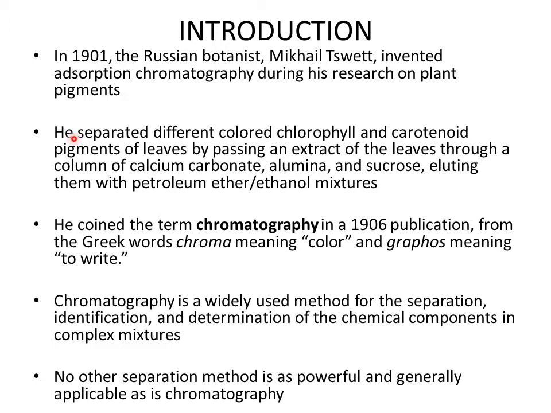He separated different colored chlorophylls and carotenoid pigments obtained from leaves by passing an extract of the leaves through a column. This column was packed with a material composed of calcium carbonate, alumina and sucrose. And elution, meaning separation, was done using a solvent which was a mixture of petroleum ether and ethanol.